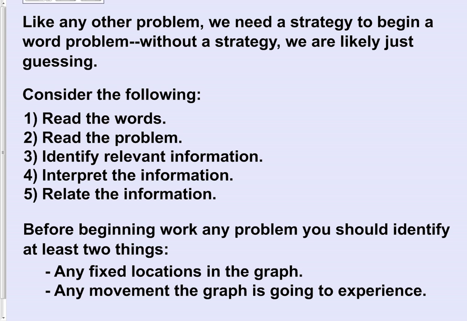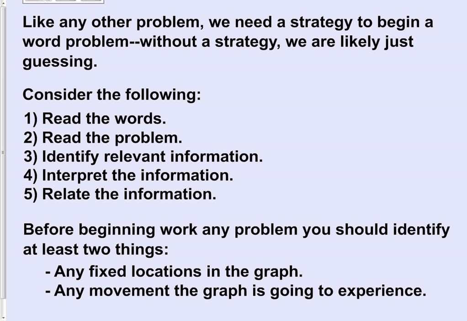Okay, the value that you identified, do you believe that will be the movement of the graph? Is that slope? Or do you believe you've identified a fixed point in space, maybe the y-intercept, stuff like that, and then relate the information, which means how will this information interact with each other in an equation?